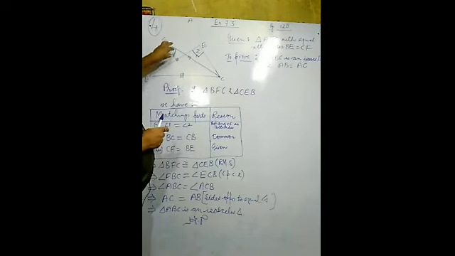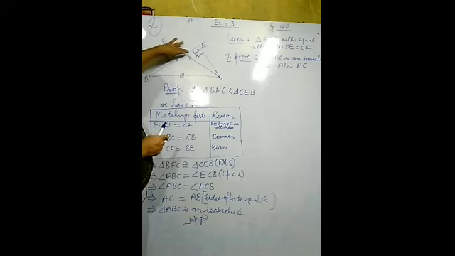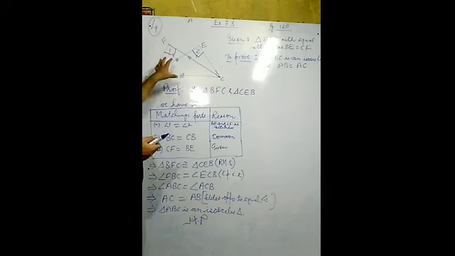Again see, 90 equals 90, the hypotenuse is common, and one of the sides are equal. These are the matching parts on the basis of right angle, hypotenuse, and one of the sides. Both the triangles are congruent here, and the matching parts are noted down.